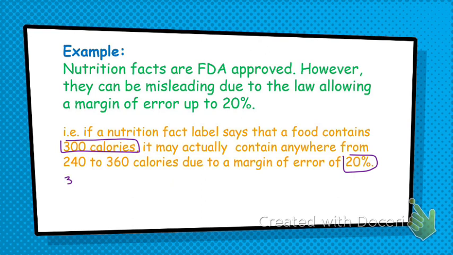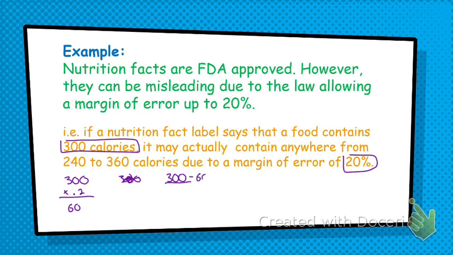So if I do 300 times 0.2, that will give me 20% of 300. That's just 60. So how I'm coming up with those figures is I take my 300 calories and I do plus or minus that margin of error.